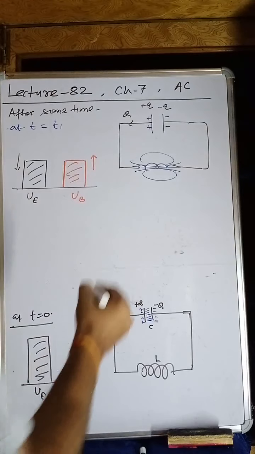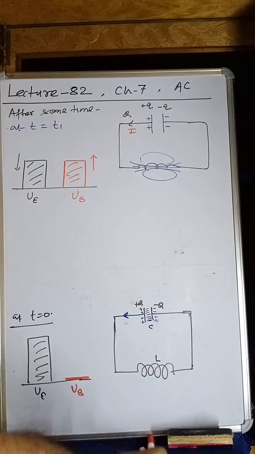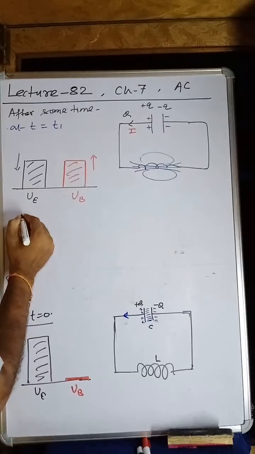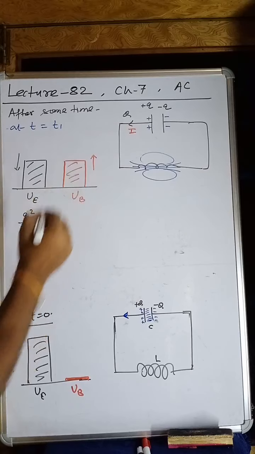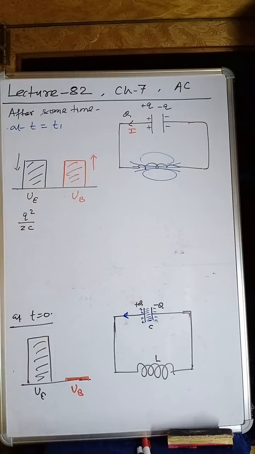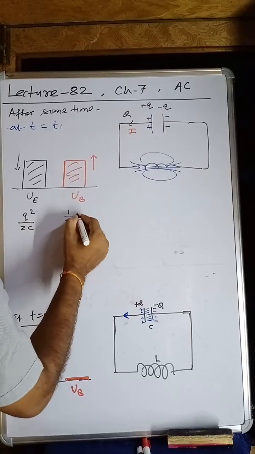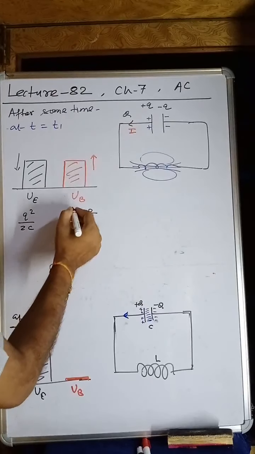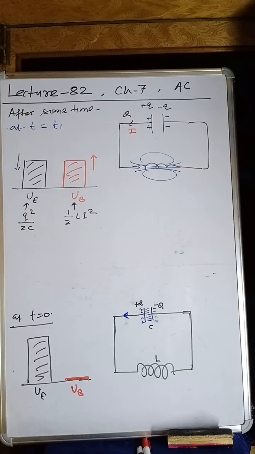If the current established is I, we can write the energies here. If the charge is Q, then the energy is Q squared over 2C, and at any time t, if the current is I, it can be written as half L I squared. Remember, this is the energy in the inductor and the energy in the capacitor.